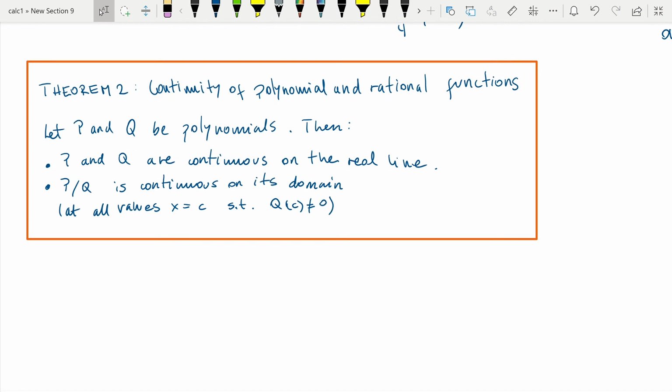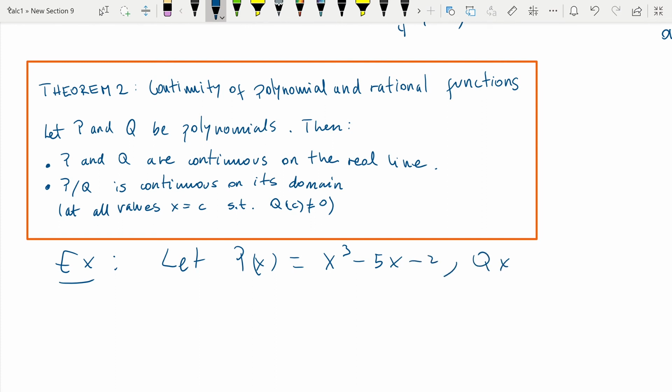So, for example, let p of x be equal to x cubed minus 5x minus 2, and q of x be equal to x squared minus 2x plus 1.